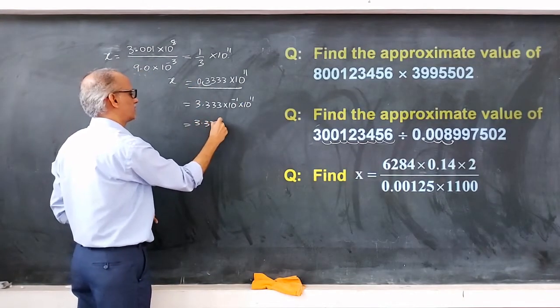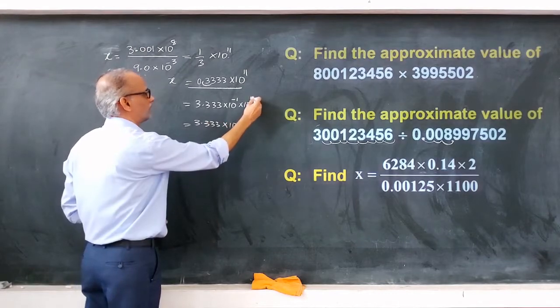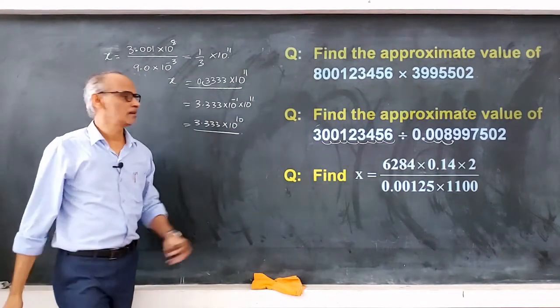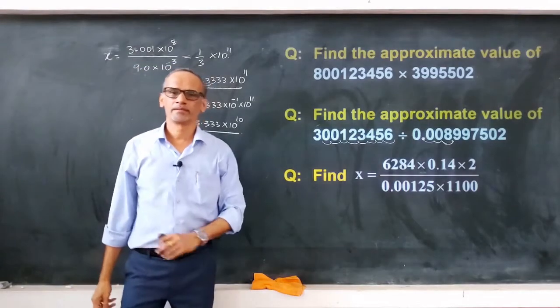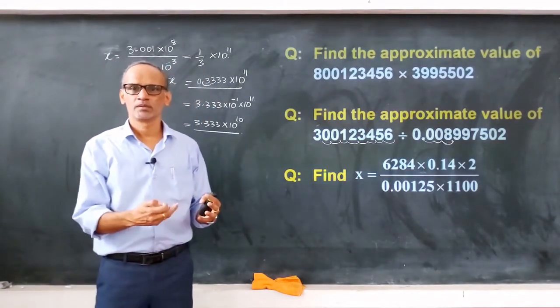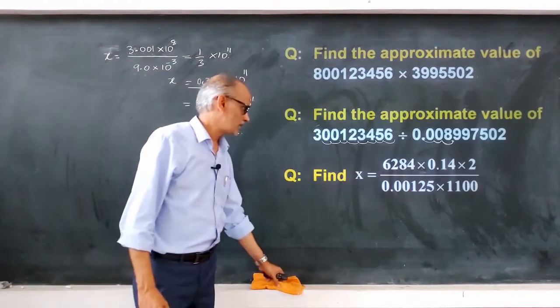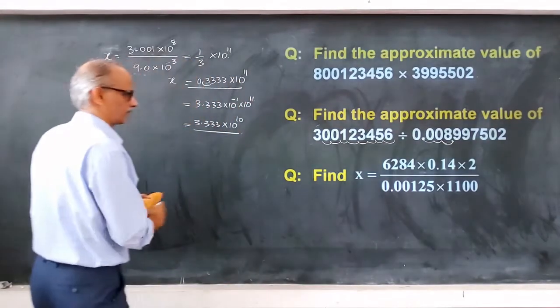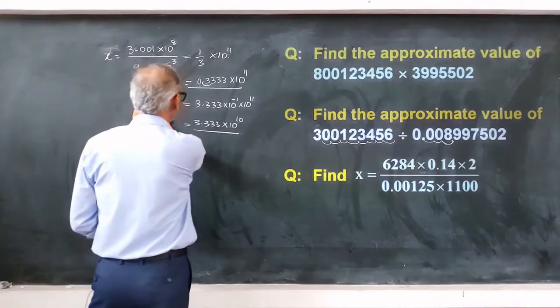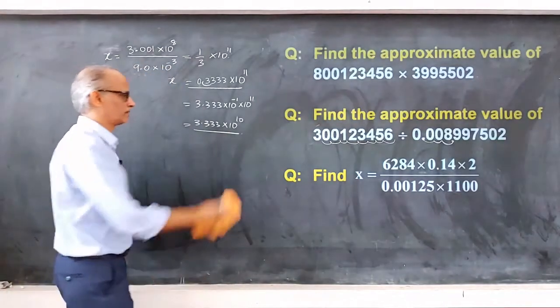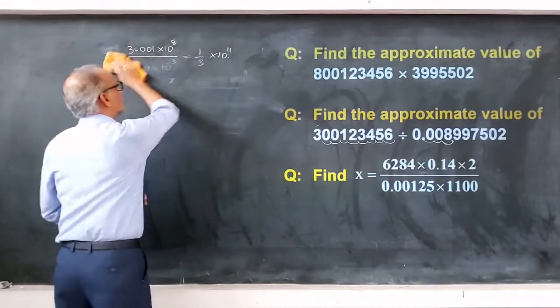That's 3.3333 into 10 to the power 11 minus 1 is plus 10. See, this is the approximate. See how we calculated such numbers where we can approximate, okay? Right. Now, let us see the next number, where I cannot, okay, hope you have understood this particular number, okay, right, the next one.